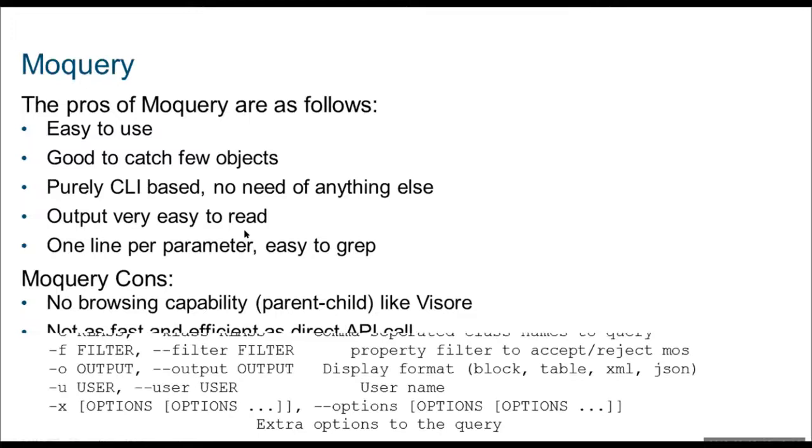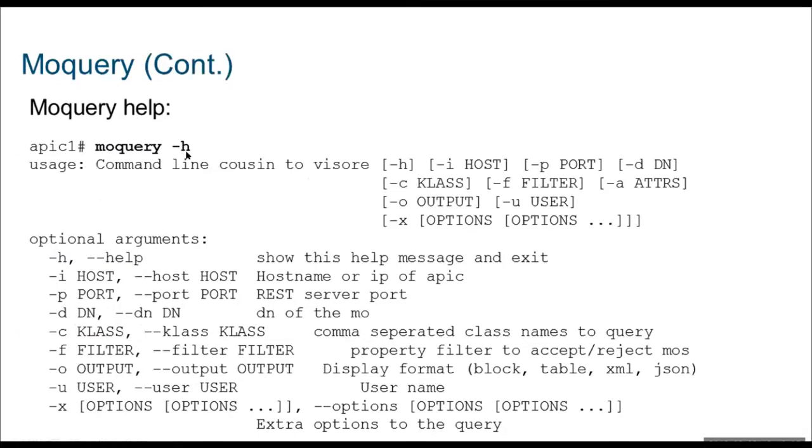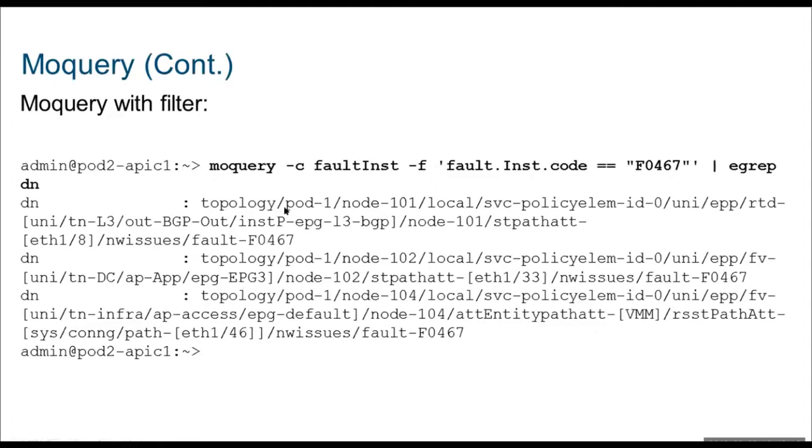You can use the -h help feature, and of course it shows you the help, and it shows you what each of these letters stand for, so you can specify filters also to filter down the output that you would like to retrieve. Here's one.